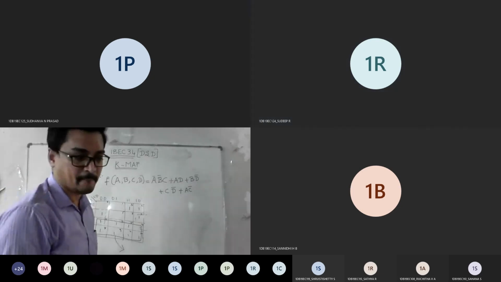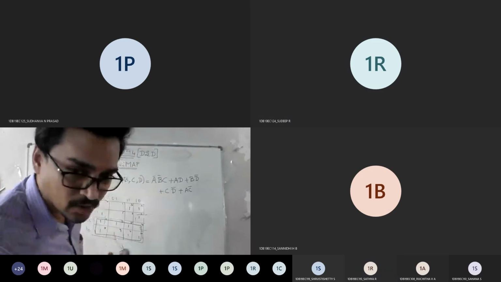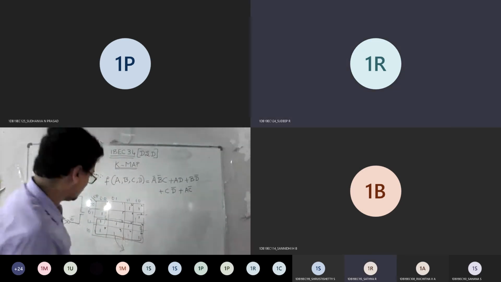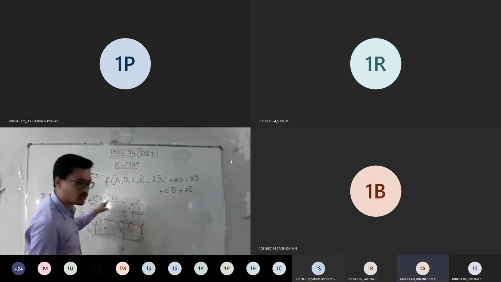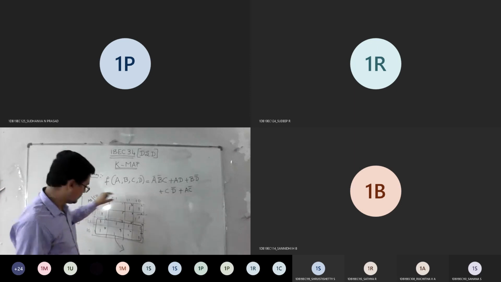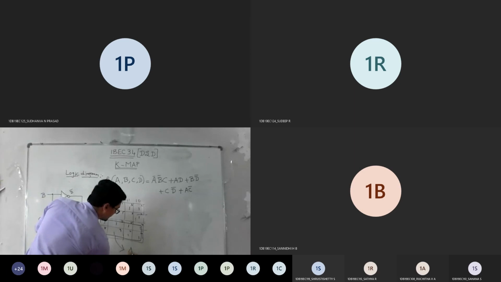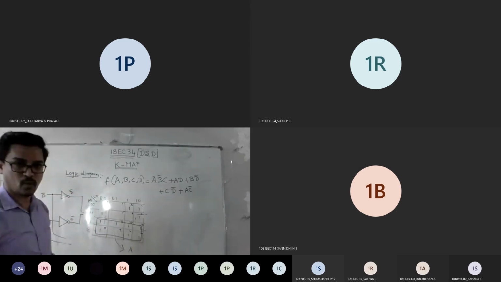What is the expression from the octa? Only A. Agree? Because all of this goes off, there is no common term, everything gets cancelled, goes to 1. So only these two remain. What is the common term? A. So I got one answer.